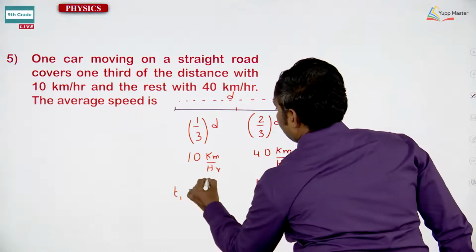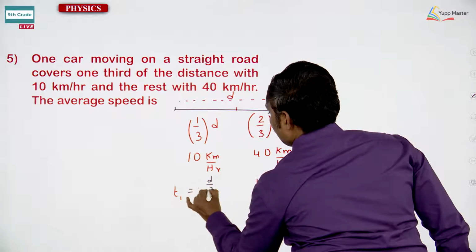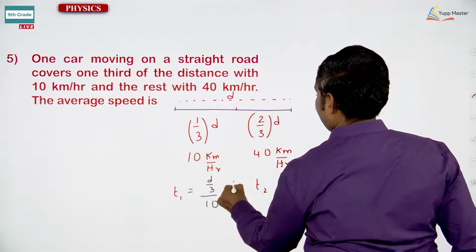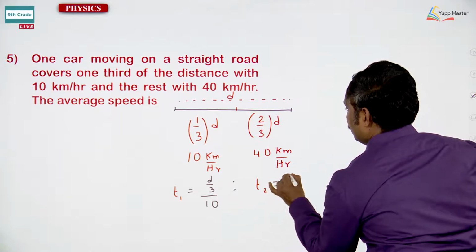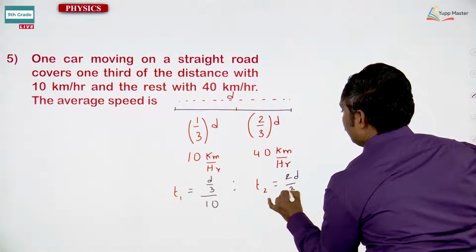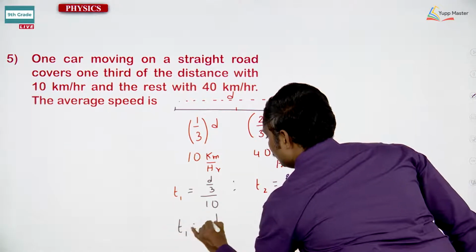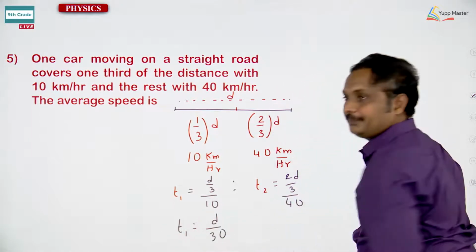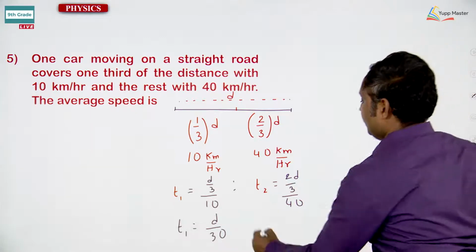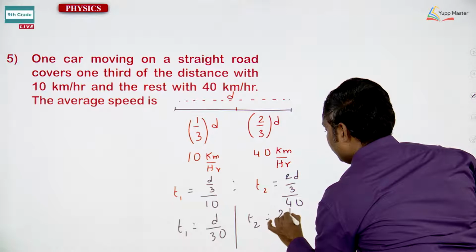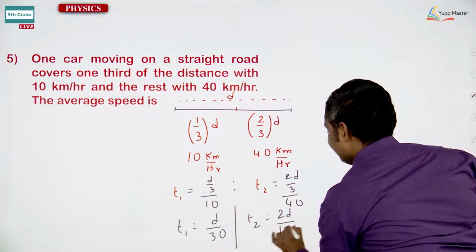Yes, d by 3 whole upon 10. Here 2d by 3 whole upon 40. So t1 is equal to d by 30, and t2 is equal to 2d by 120.